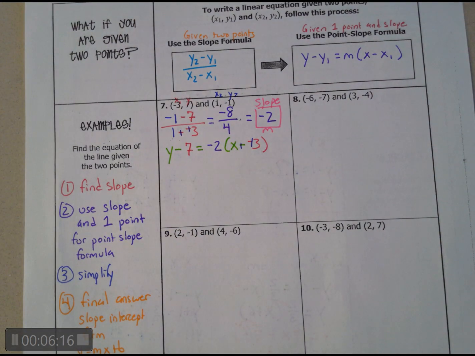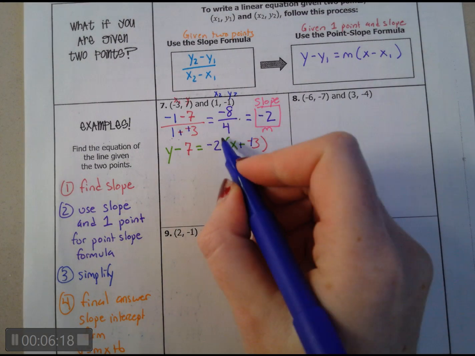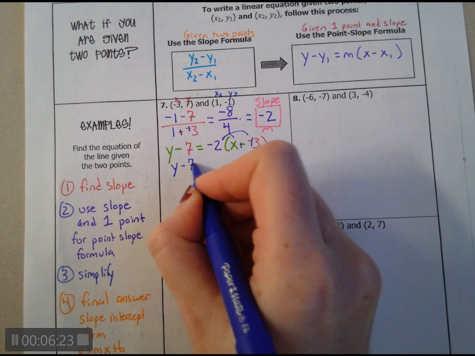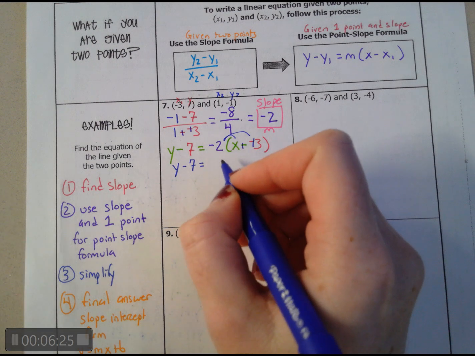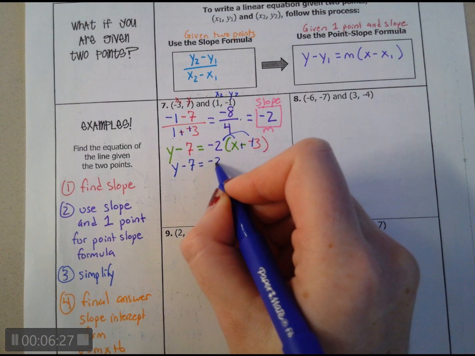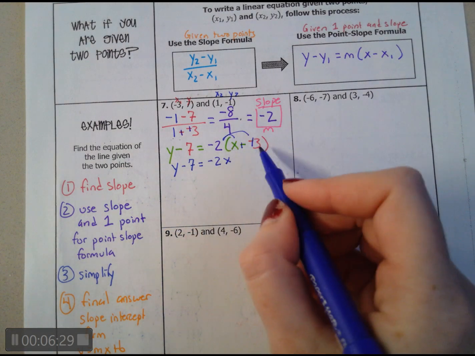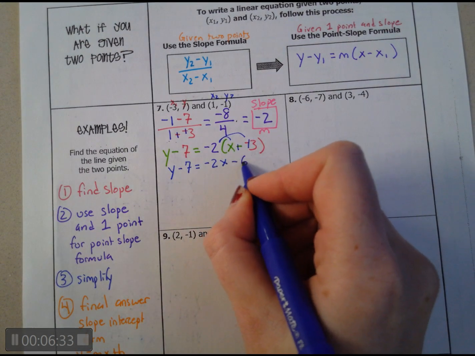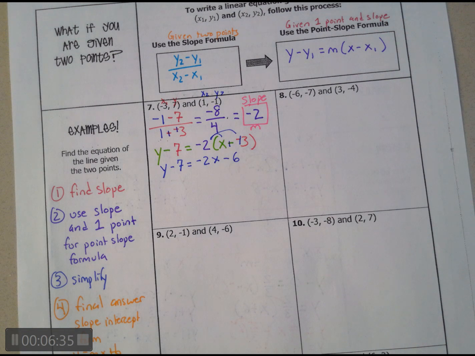Alrighty, and then we can distribute our -2. So we get y minus 7 equals -2 times x gives me -2x. And then -2 times a +3 gives me -6. Good. And then our final step is to add 7.